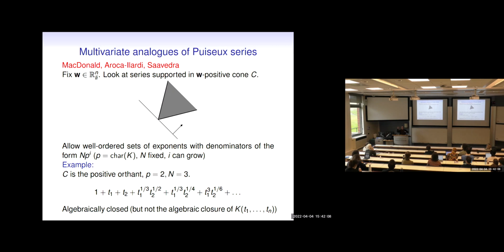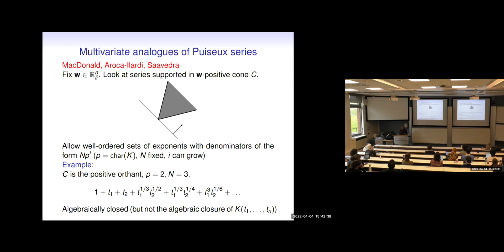You get into these technical details about actually making the set of series of this form a field, and one of them comes from this. Again, there's a well ordering condition. If I have a vector W with linearly independent entries over the rationals, that will totally order all the possible rational exponents inside my cone.